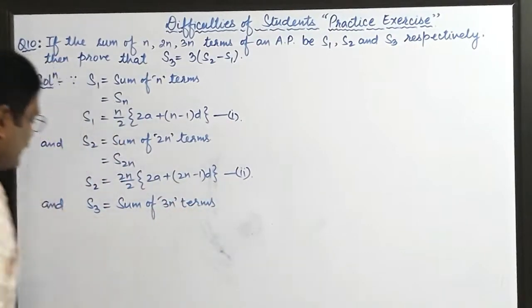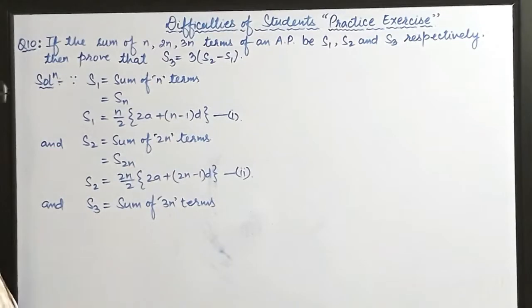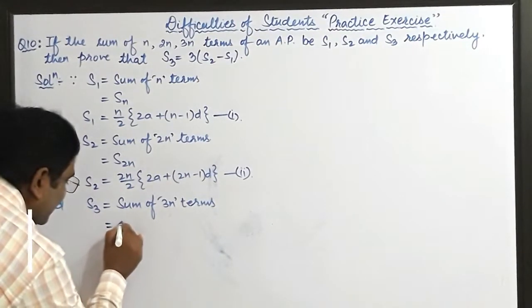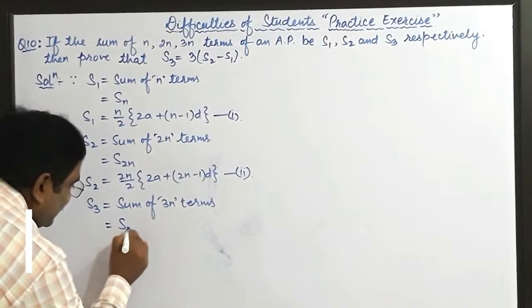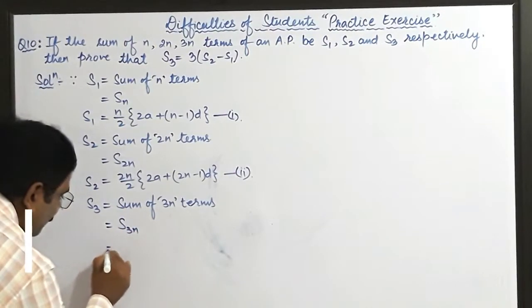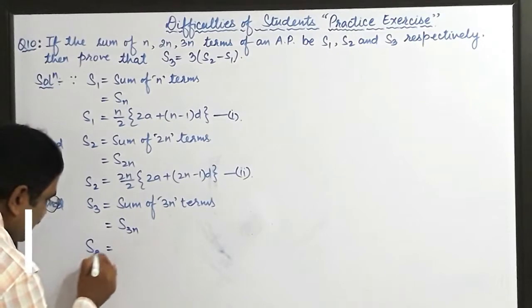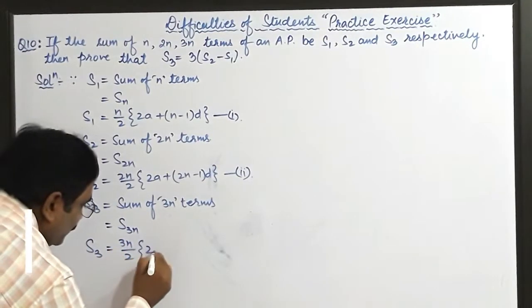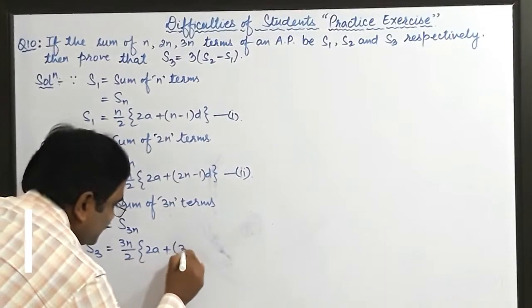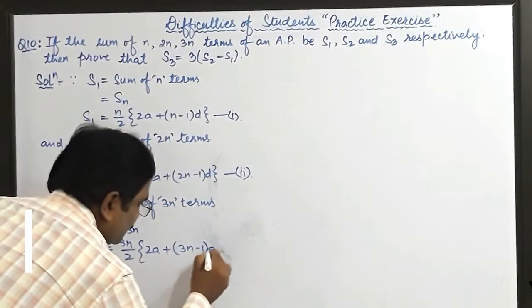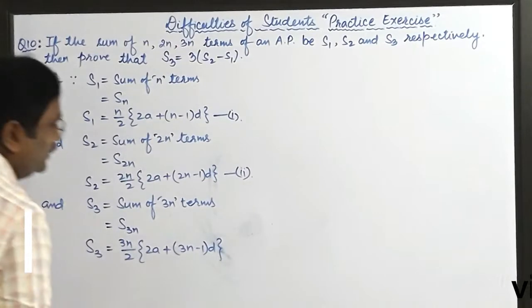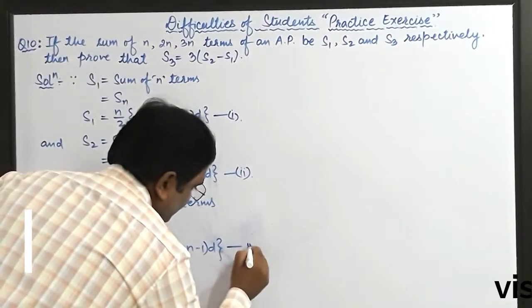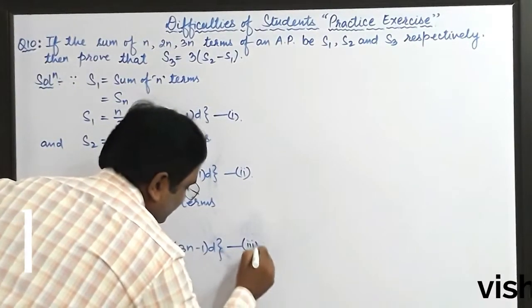Okay, S3 is the sum of 3n terms. It means this can be written as S3n, and the value of S3n is 3n upon 2 into 2a plus 3n minus 1 into d, and say this is equation number 3.